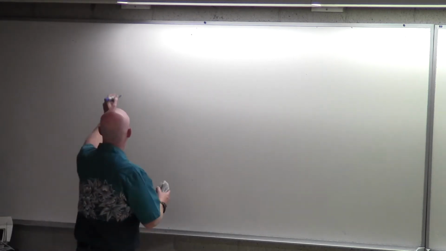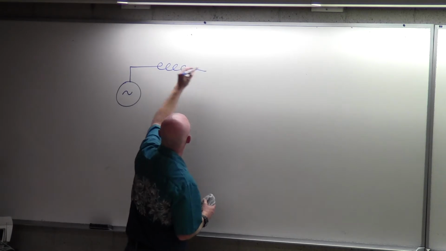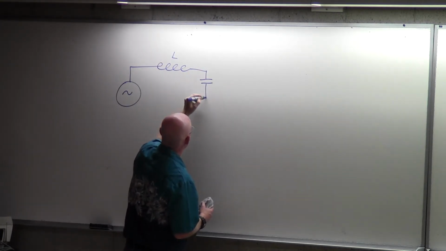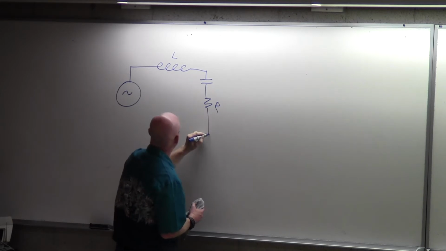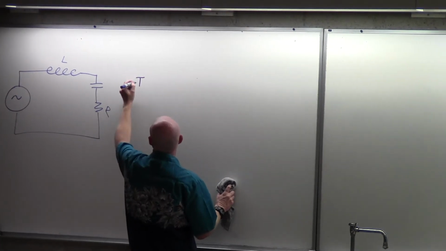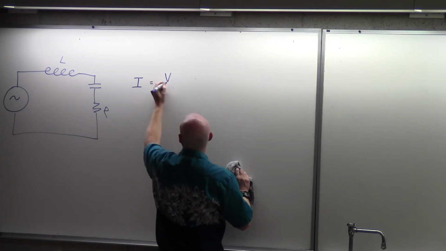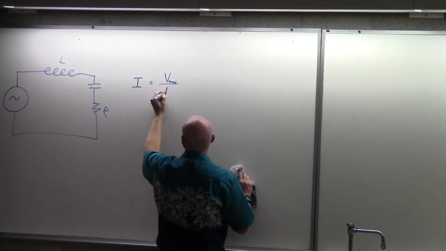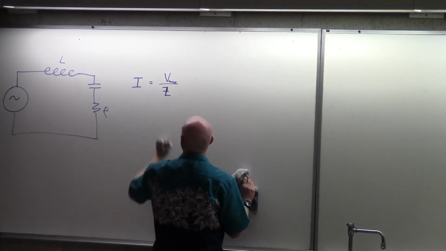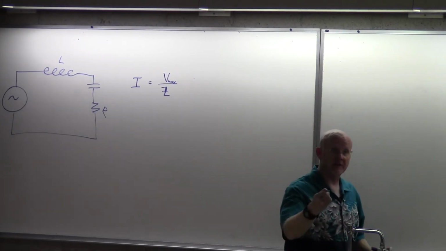And so when we put all those together, we said an AC circuit hooked to an inductor, a capacitor, and a resistor would then have a current that flows through it according to this equation. It was the maximum voltage divided by the whole opposition: the reactance of the inductor, the reactance of the capacitor, and the resistor.